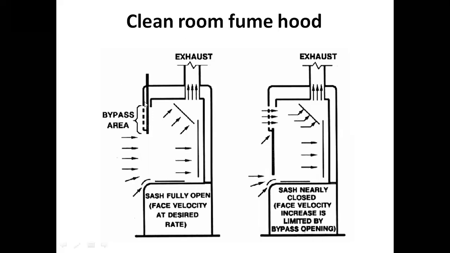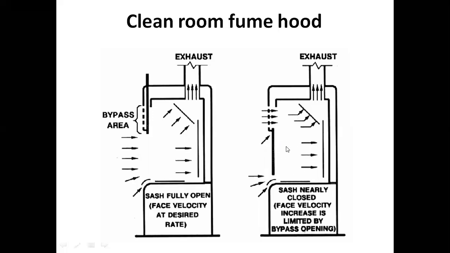And also there would be a sash glass. Initially, you put all of your stuff here, and then you drop this sash glass. Only your hands would be inside the fume hood, and you perform the fabrication and all your processes.